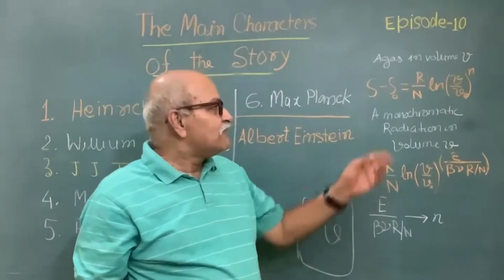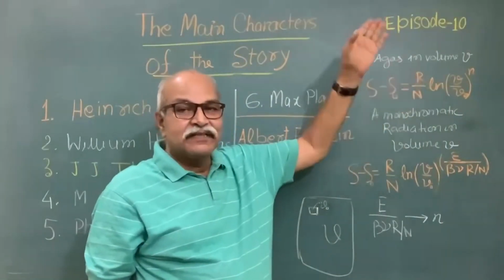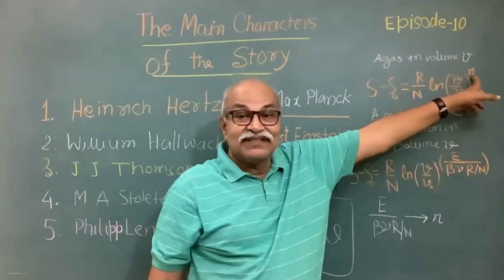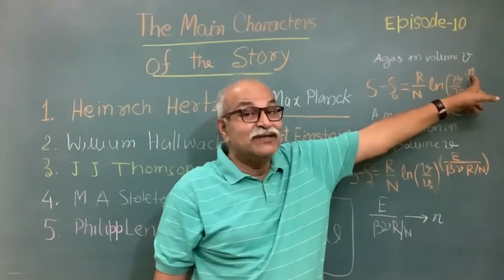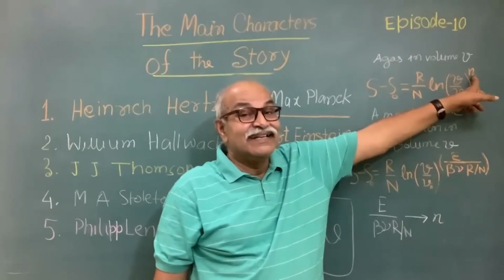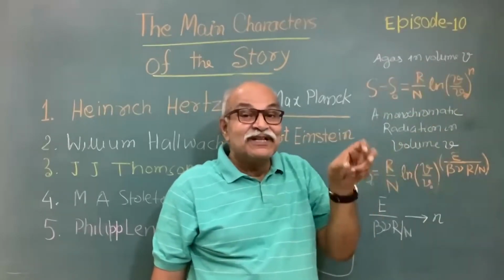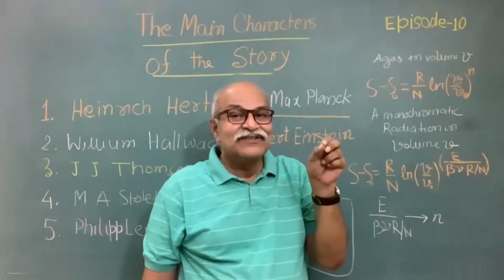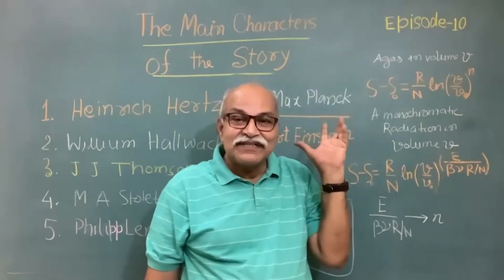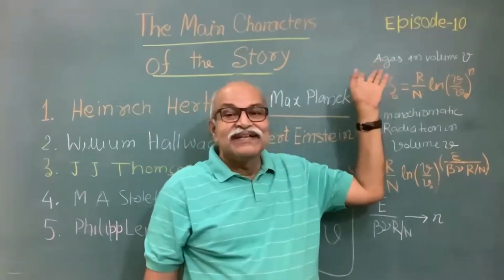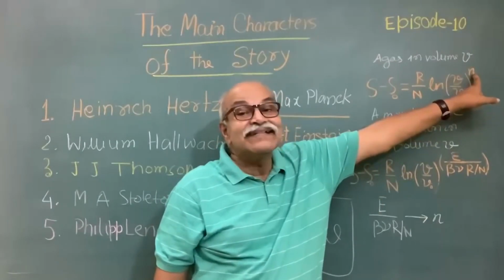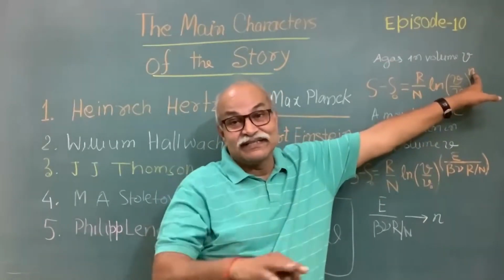So if you have energy distributed at these small n centers, these are molecules, remember there are small n molecules in this gas, and energy is located at those molecules. So the total energy, capital E, of the system is distributed at these n discrete centers, and in between there is no energy.